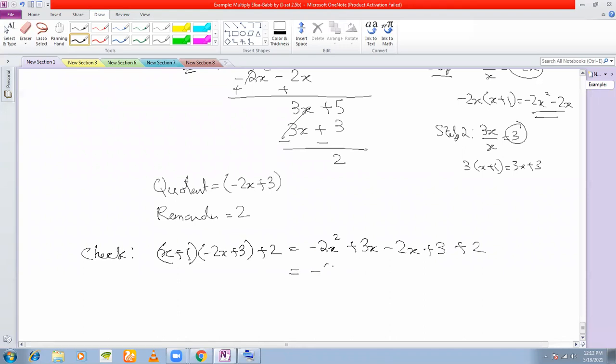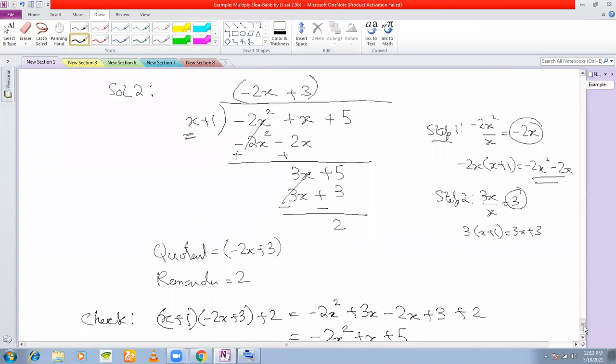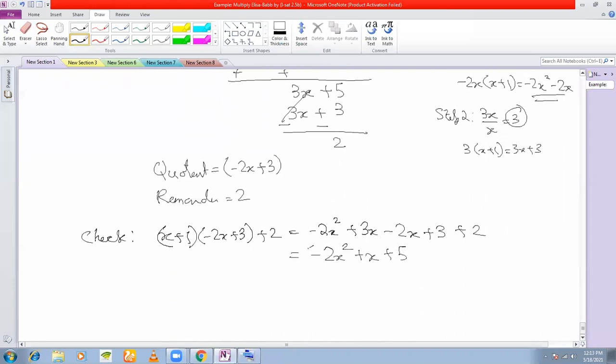So you get here minus 2x square, and plus 3x minus 2x will give you a plus x, plus 3 plus 2 will give you a plus 5. Are we getting the dividend? Yes, we are getting the dividend. So the division that we have carried out is correct. Is it absolutely clear to everyone?